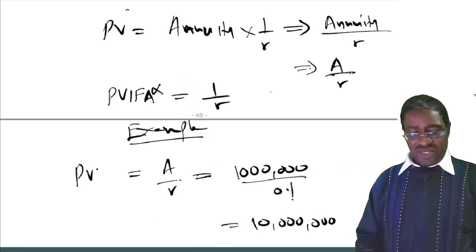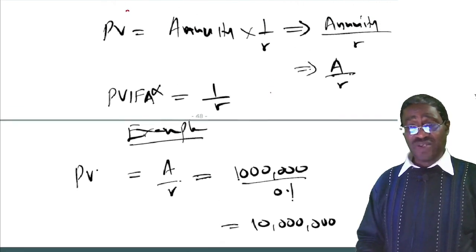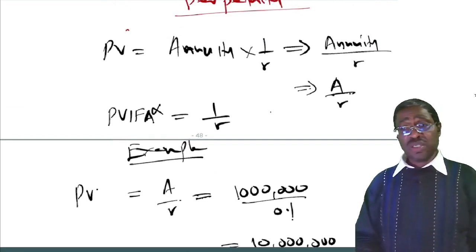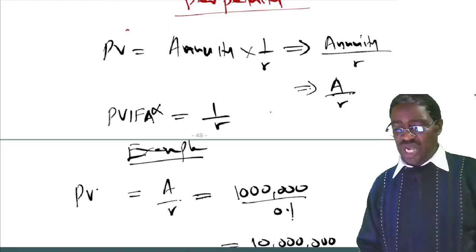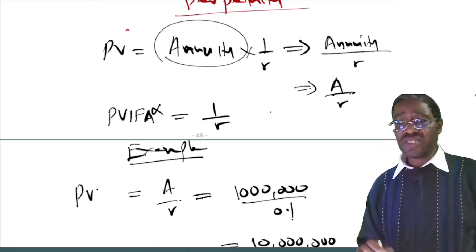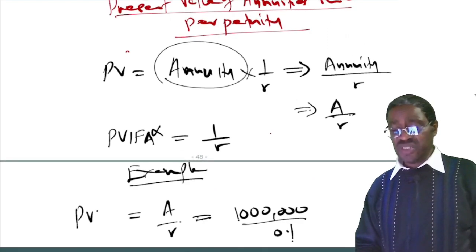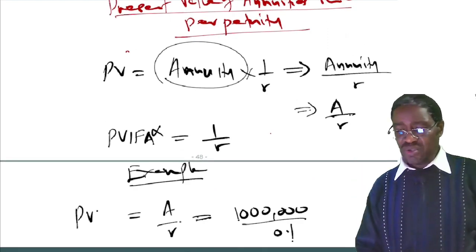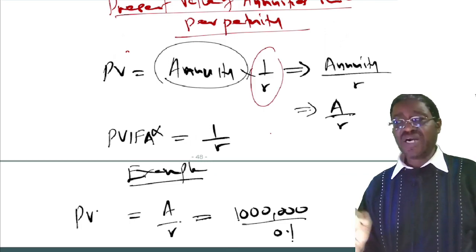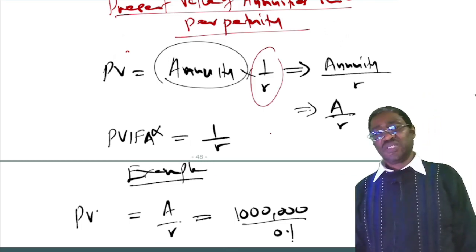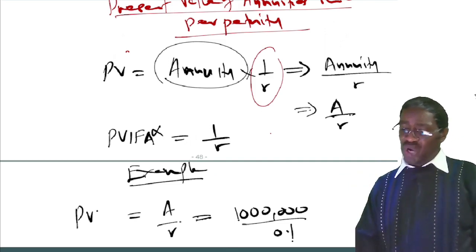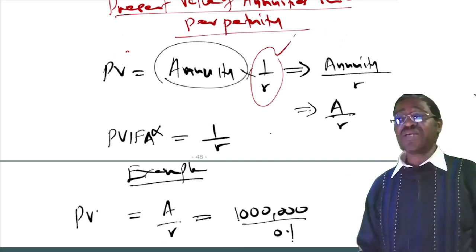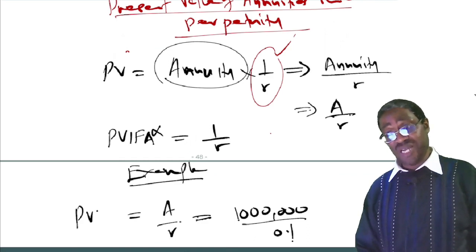Now, let me go on. I hope you have understood that clarification. The first time, I just multiplied everything. This was our annuity, but our factor was 1 divided by R. Just like we were taking the annuity and multiplying by the factor. So our factor here is 1 divided by R. Make sure you get that.